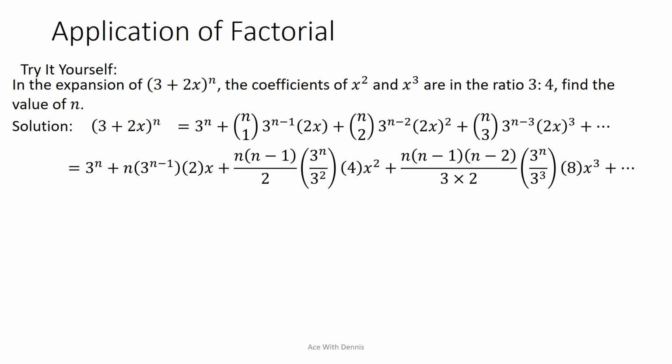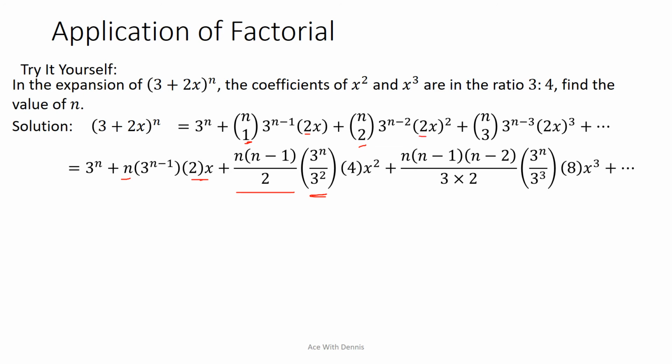So now for n choose 1, it will be n. Remaining the same, we just separate the 2x into 2 times x. The next one, n choose 2, will be n times (n minus 1) over 2. And we want to take this 3^(n-2) becomes 3^n over 3 squared.